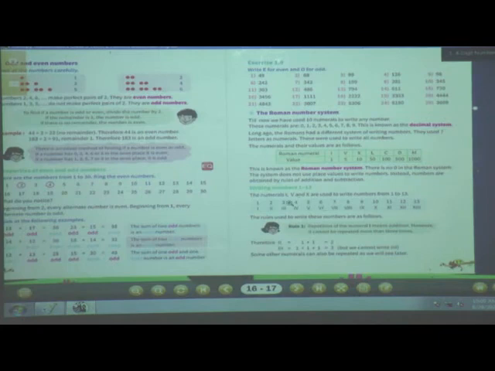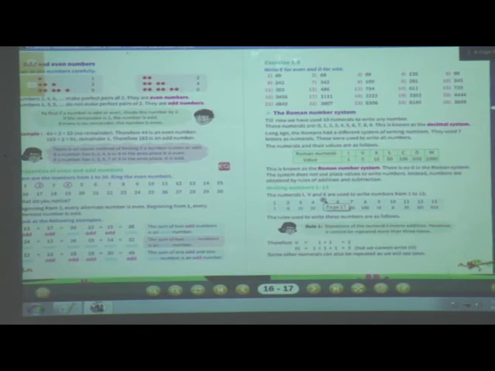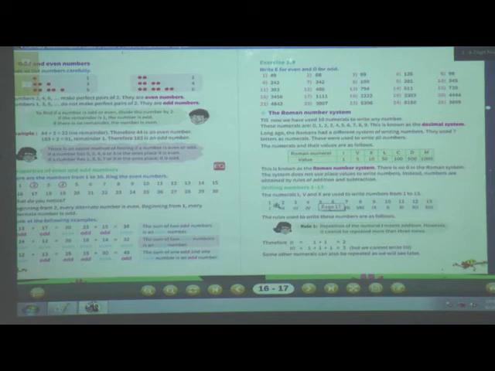Now with the help of I, V and X, these 3 letters, we can write the numbers 1 to 13.